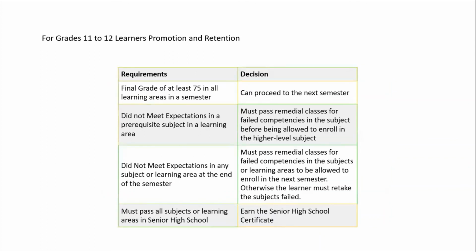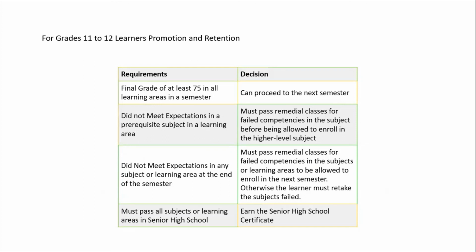For grades 11 and 12, same, you need to have a final grade of at least 75 in all the learning areas to proceed to the next semester. If you did not meet expectations in a prerequisite subject in a learning area, you must pass the remedial classes. And if you did not meet expectations in any subject or learning area at the end of the semester, you need to pass the remedial classes.